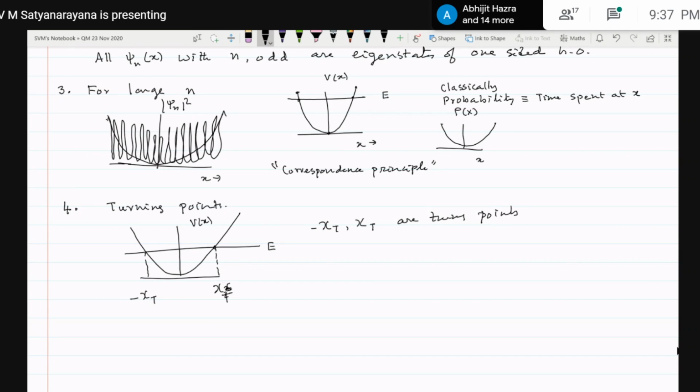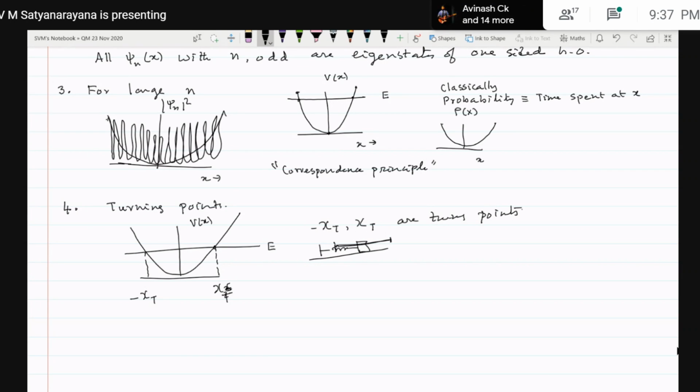So classically, what happens is that if you are thinking of a spring and a mass system on a frictionless table, then it will go up to some point and then return and go up to some point and return.